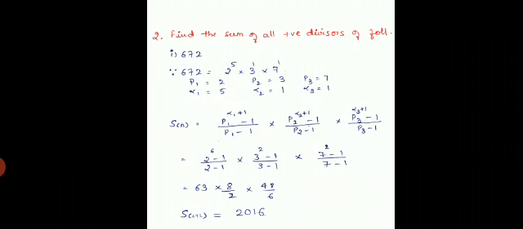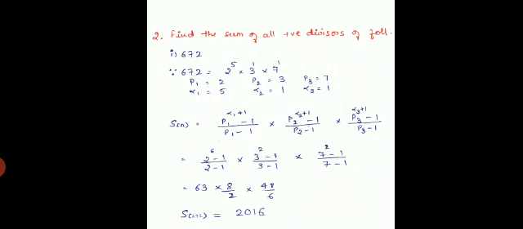In the next step, 2 multiplied 6 times gives 64. 64 minus 1 is 63 upon 2 minus 1 is 1, into 3 square is 9, 9 minus 1 is 8, 8 upon 3 minus 1 is 2, into 7 square is 49, 49 minus 1 is 48 upon 7 minus 1 is 6.